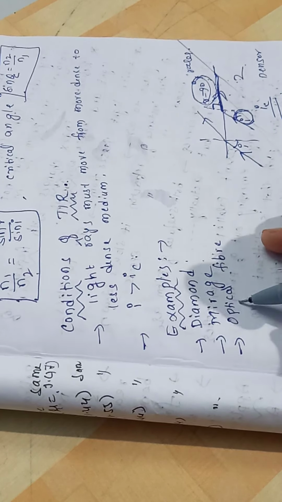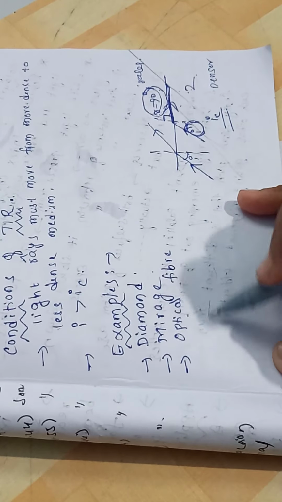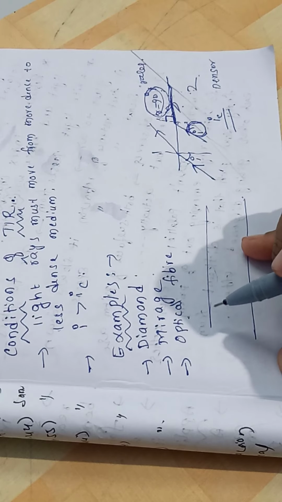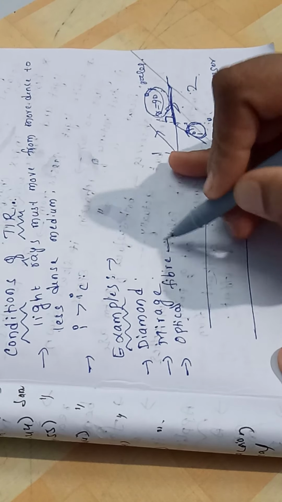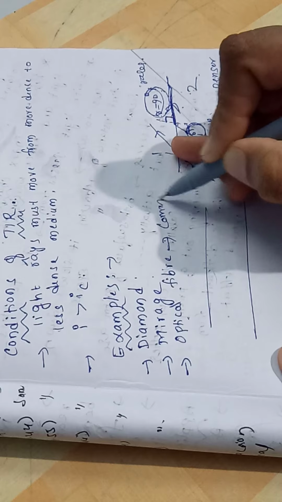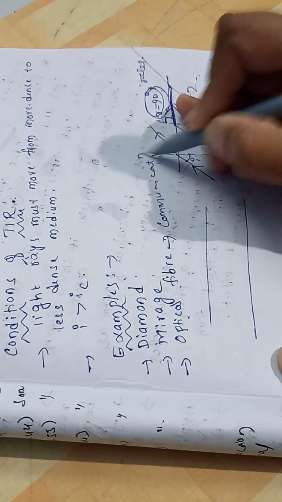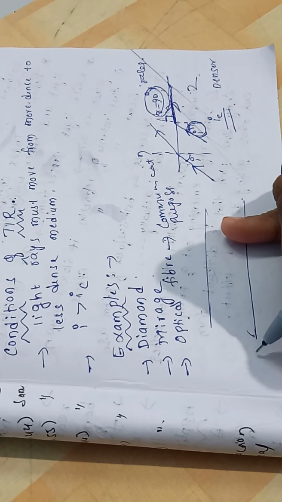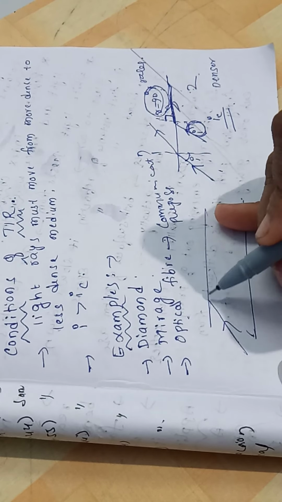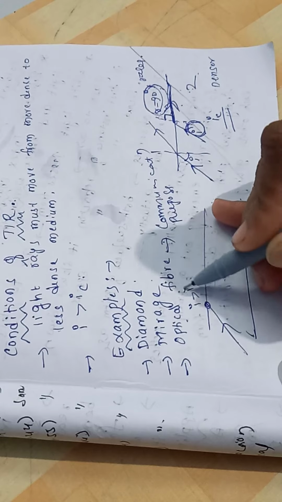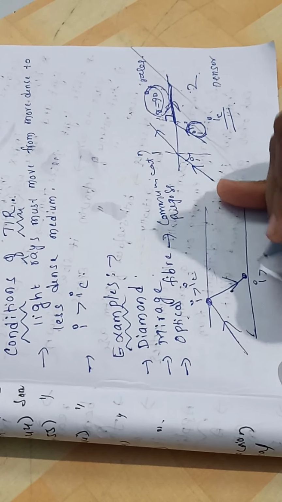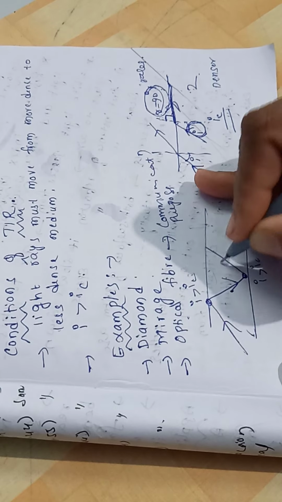Now presently, optical fiber. Fibers are mainly used in communication purposes. So what happens? First the light ray enters. Here i becomes greater than ic, it reflects back. Again i becomes greater than ic, again reflects back.